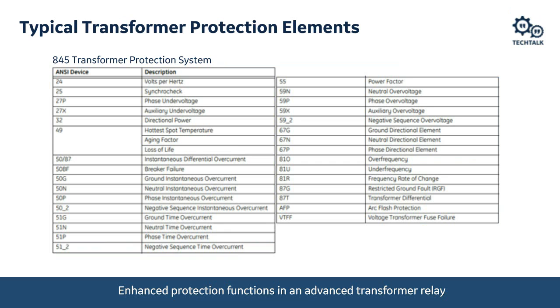So in the last couple slides, I mentioned a handful of relay functions. Listed here is an example of all the protection functions that our 845 transformer relay has available, noted by their ANSI device numbers. Our 845 is, I'd say, our mid-range relay, but it still has some advanced functions.